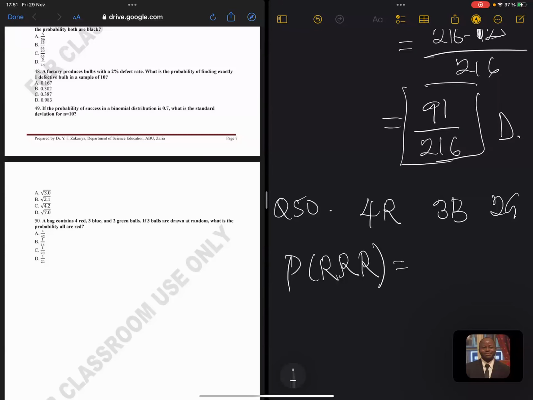And one thing you must observe in this question is that you were not told whether it is without replacement or with replacement. In any question that you are given, and there was no mention of without or with replacement, your basic assumption is going to be the draw was done without replacement.